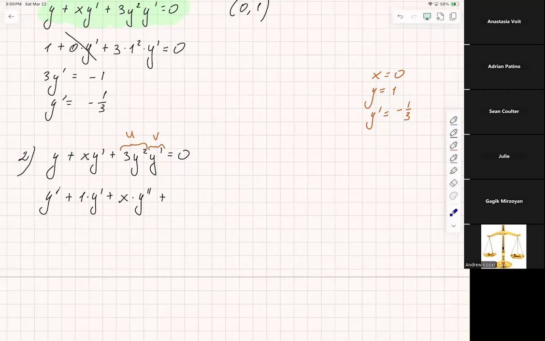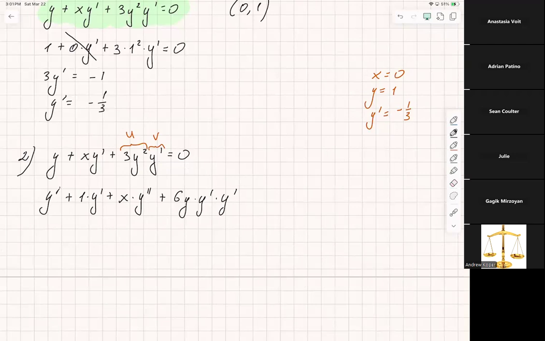Okay, so now we need to take the derivative using the product rule. The derivative of u is 6y to the first power times y prime, because we also need the chain rule, times v, which is this y prime.